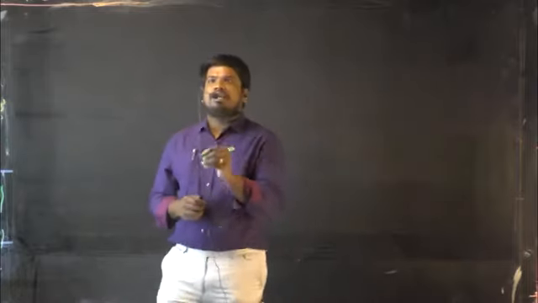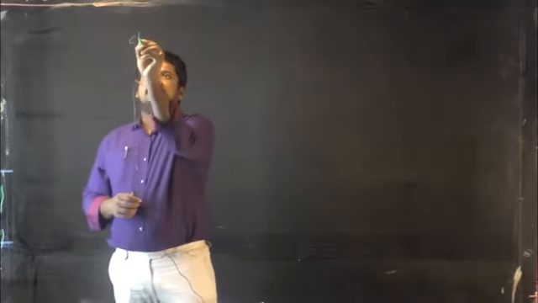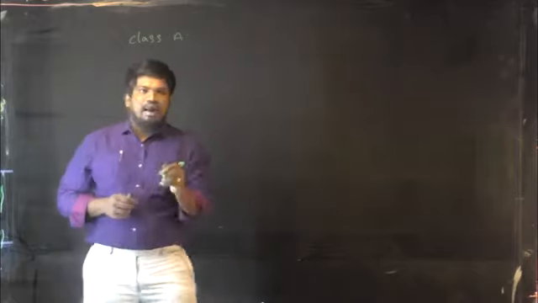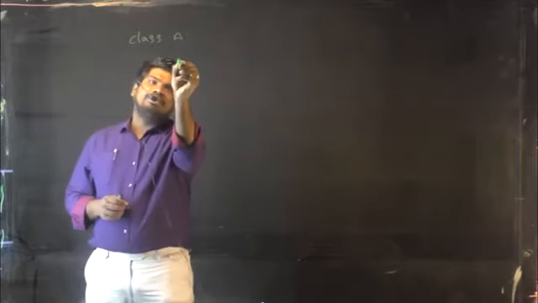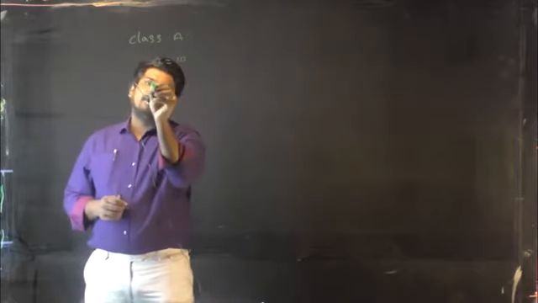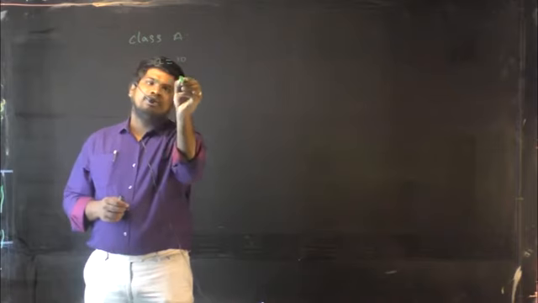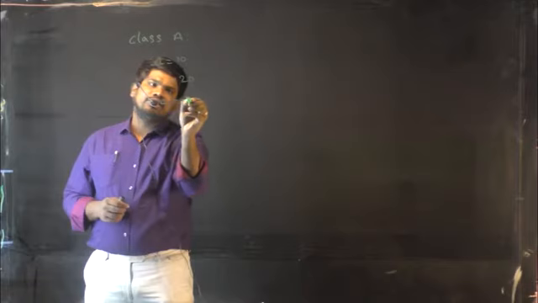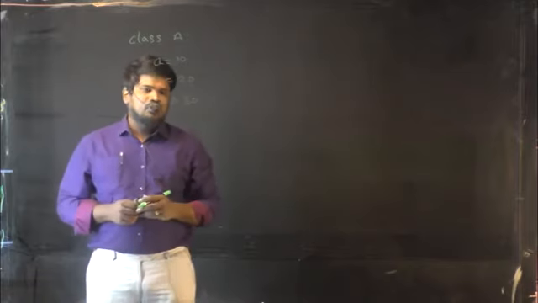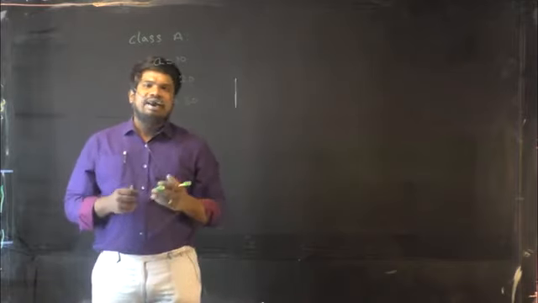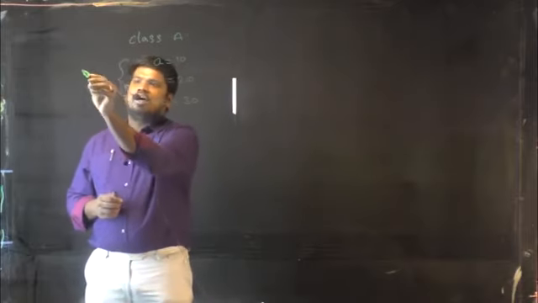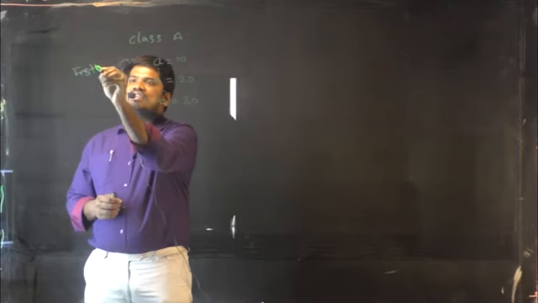Observe carefully. I am taking a class A, and here A is equal to 10, underscore B is equal to 20, underscore C is equal to 30. So I have taken three identifiers, and all these are instance variables.